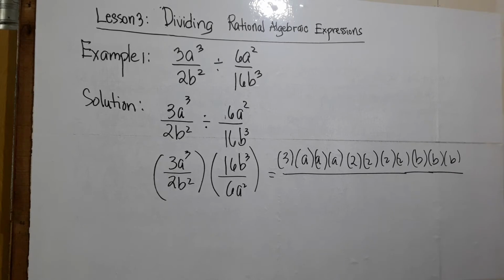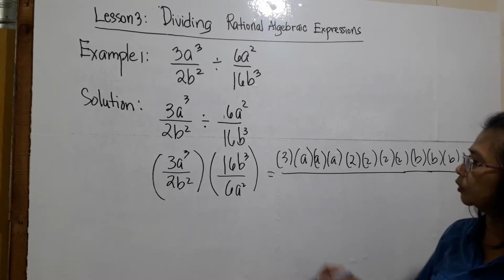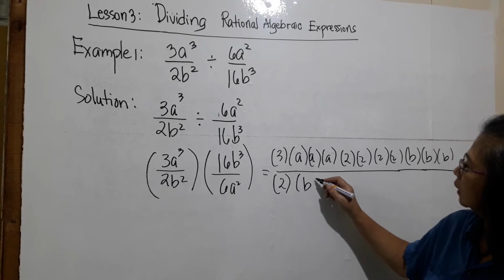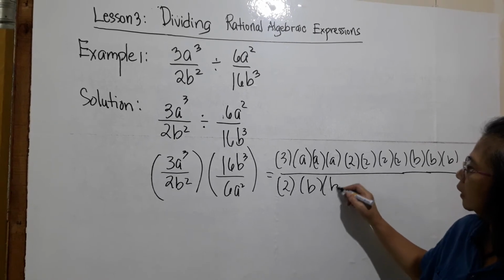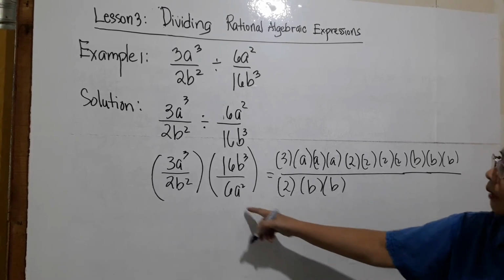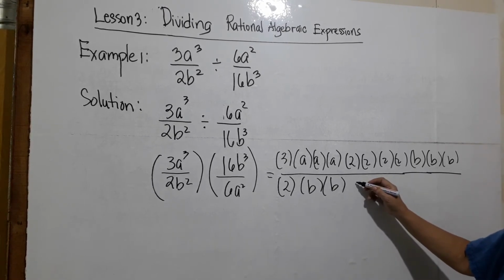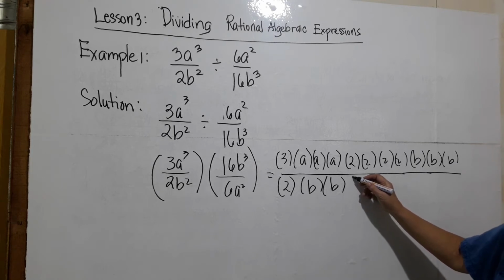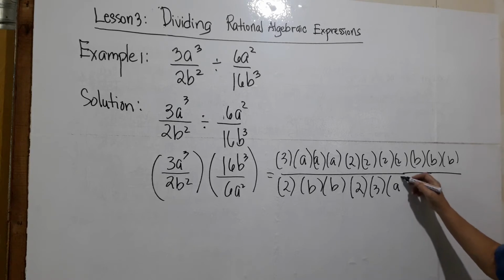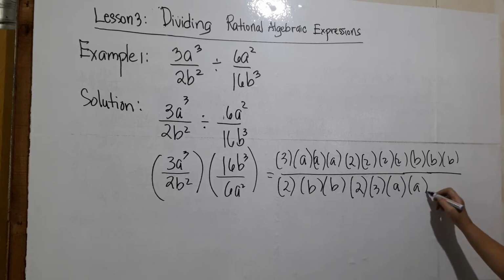For the denominator of the first rational expression, we have 2 times b, 2 b's only. And then the denominator of the second rational expression, we have 2 times 3 times a times a. Then do cancellation.